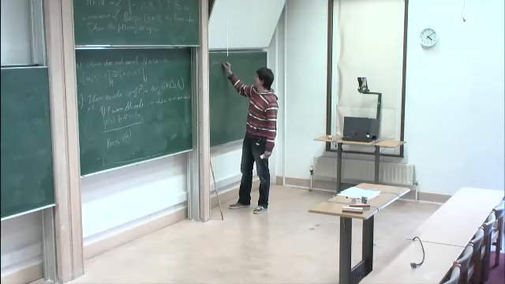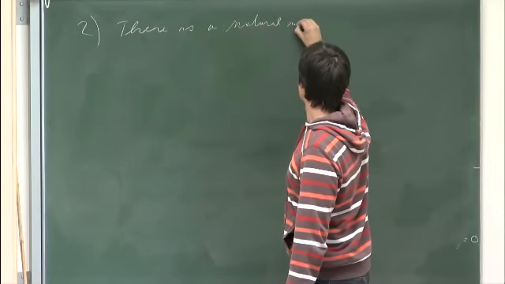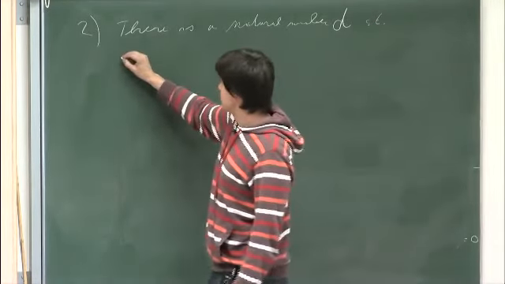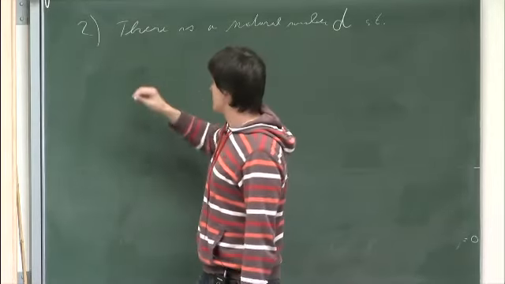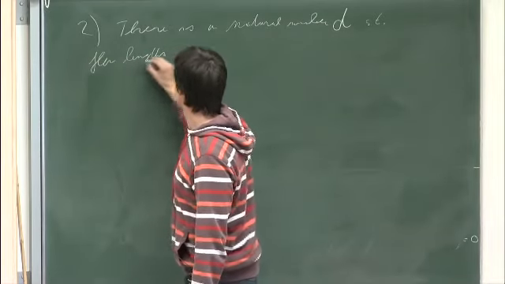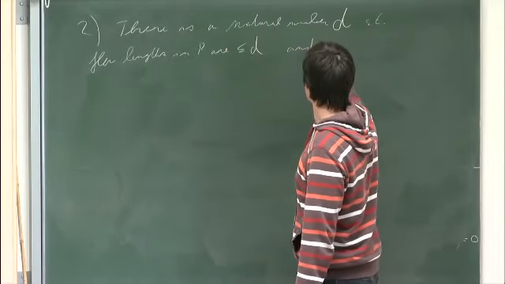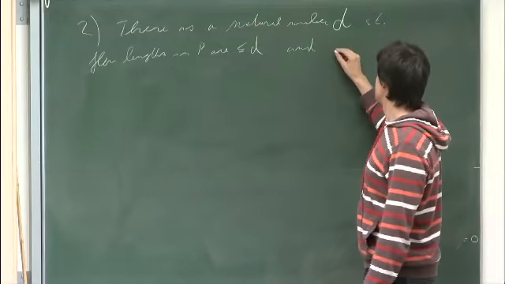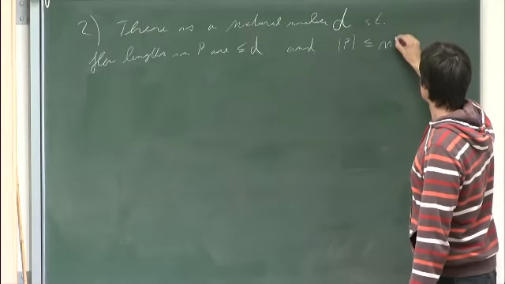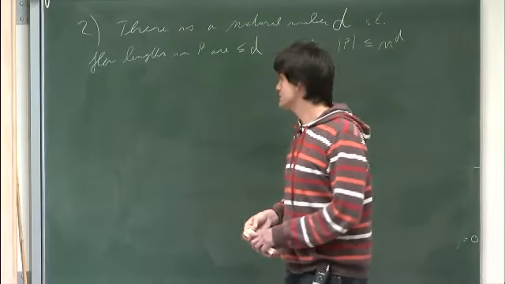So there is a natural number d such that the lengths of formulas which appear in P are at most d, and the length of the whole proof is less than or equal to n to the power d, where the length of P we can measure as the number of occurrences of atomic sentences.